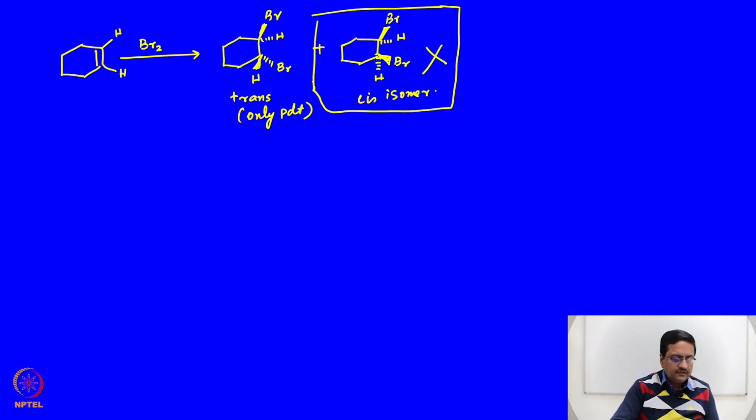Why is that so? If we try to understand using the formation of the bromonium ion in the mechanistic path, the bromonium ion that may have formed in this reaction is this one.